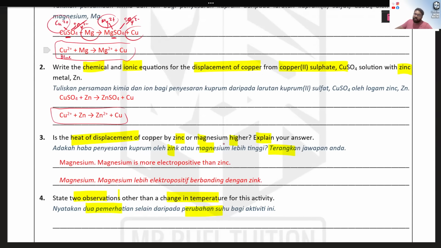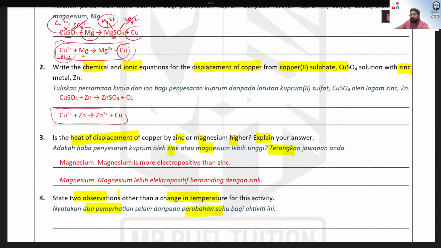Okay. So, if you add magnesium until excess, that means all the copper 2 ions will be used up in the reaction, right? Which means one of the observations will be, remember, observations, you must give the starting and the ending. Don't just give the ending. So you must say blue solution turns colorless. Okay, that is one. Number two, copper metal is formed. Copper metal has a characteristic color, isn't it?